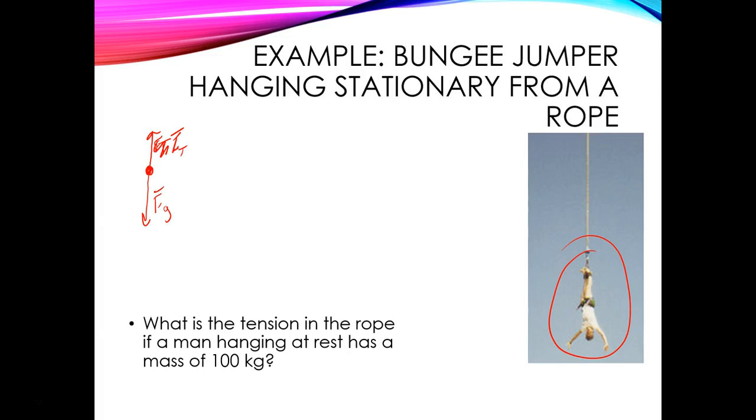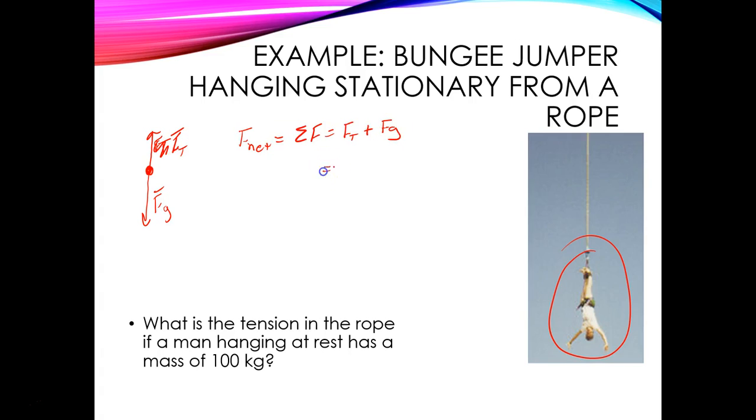The next thing that we're going to want to do is write out the sum of our forces. So we know that F net is equal to the sum of the forces, which in this case is going to be our tension force plus the force of gravity.